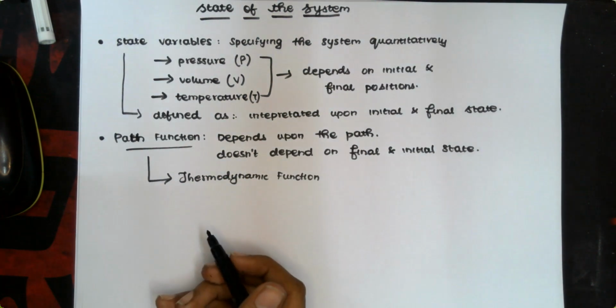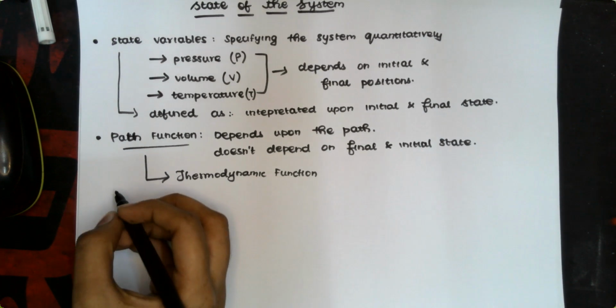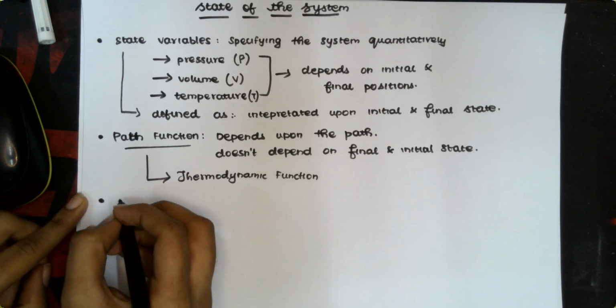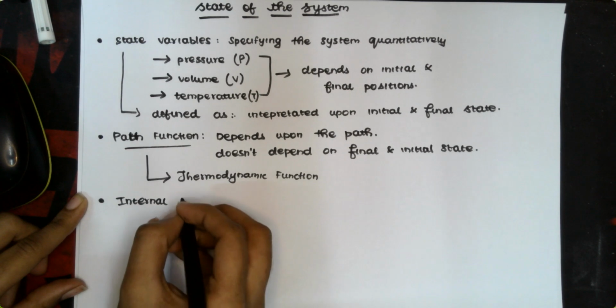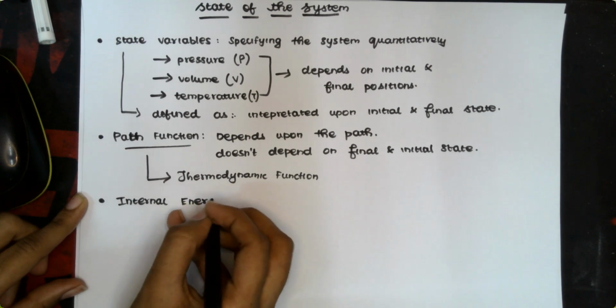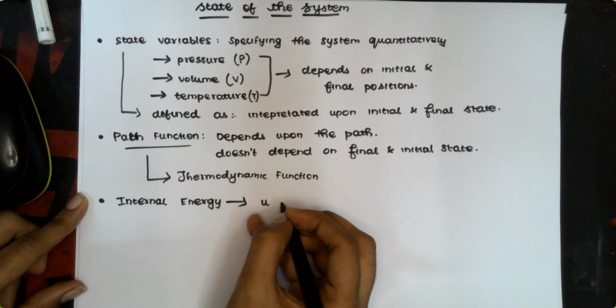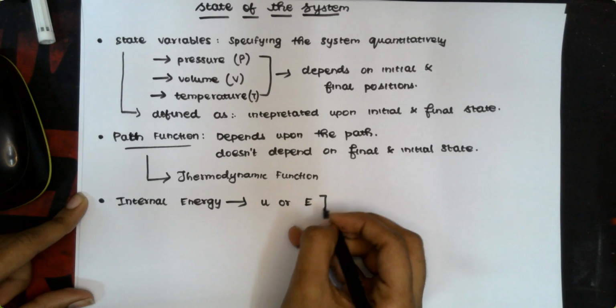Similarly, we have energy. It's called internal energy. Internal energy is represented by U or sometimes E also, capital E. So U means internal energy. Actually, this internal energy is a function of state. It is a state function.